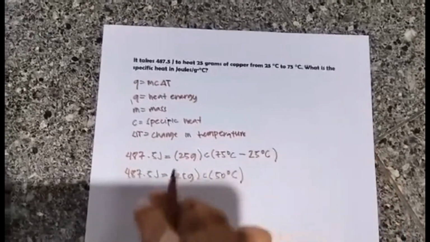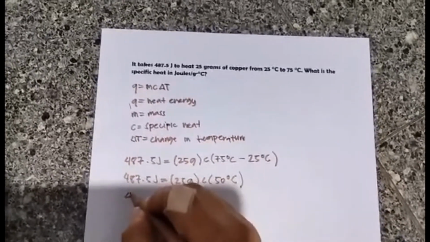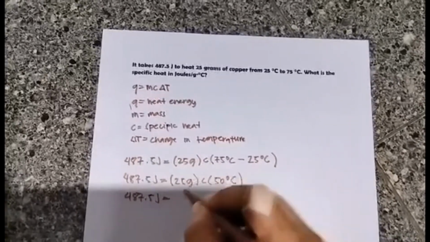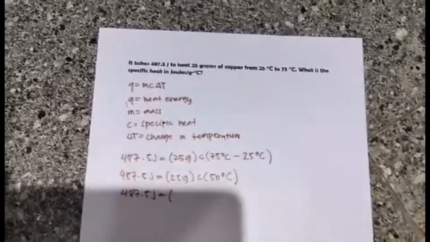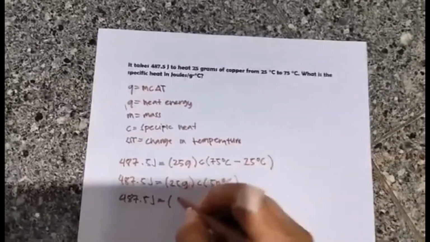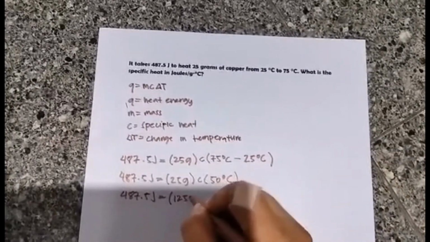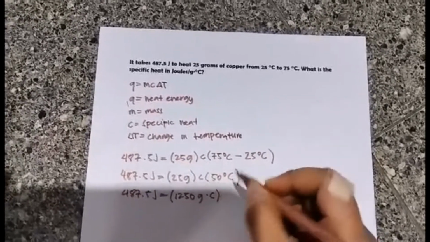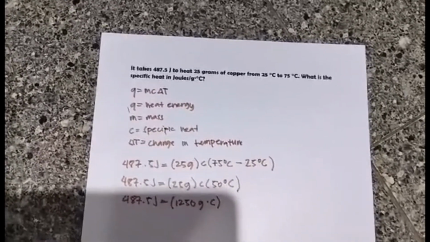So now we're going to multiply them. So 487.5 joules equals, the answer is 1250 gram degrees Celsius. We're going to divide them.